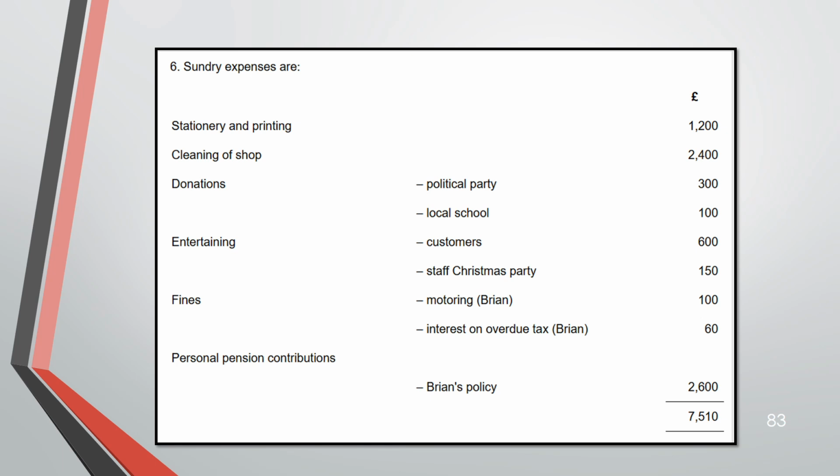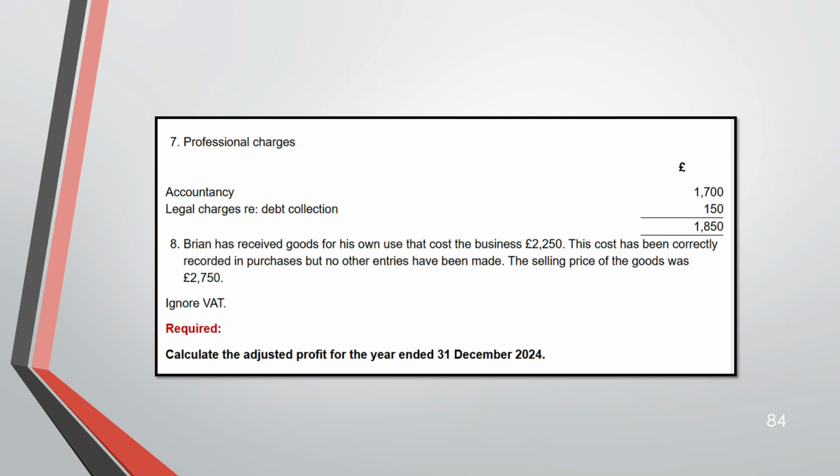Then sundry expenses: stationery, painting, cleaning of shop. Then donations to a political party, local school, entertaining customers and staff. Then fine for motoring and interest. And then personal pension contribution. Then professional charges, accountancy and debt collection. And finally, you can ignore VAT.